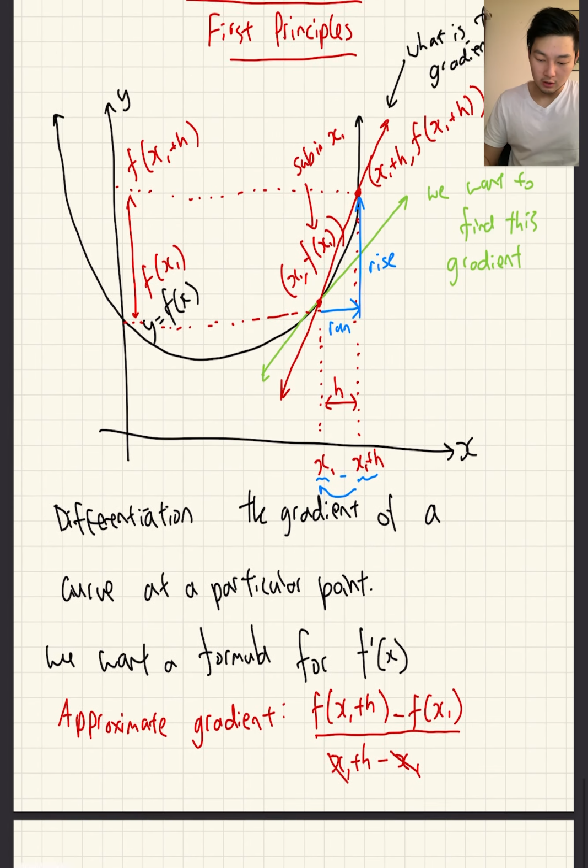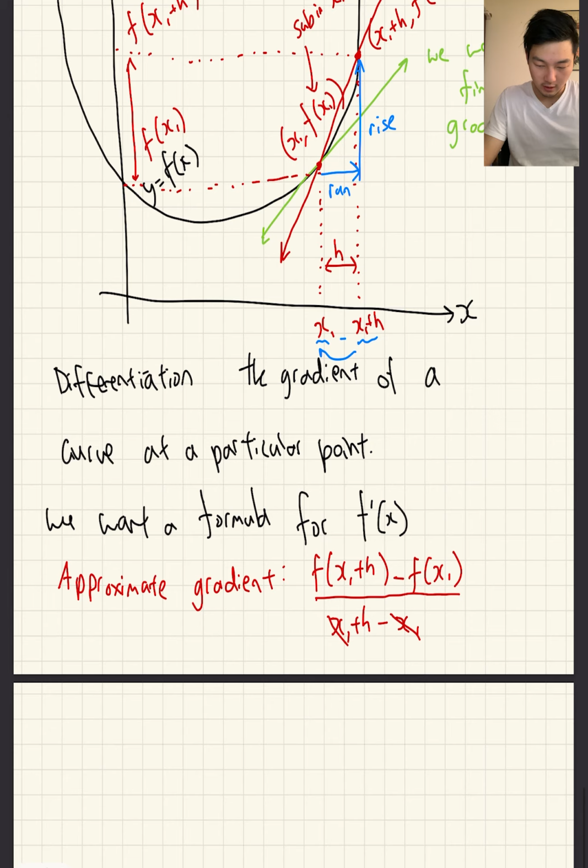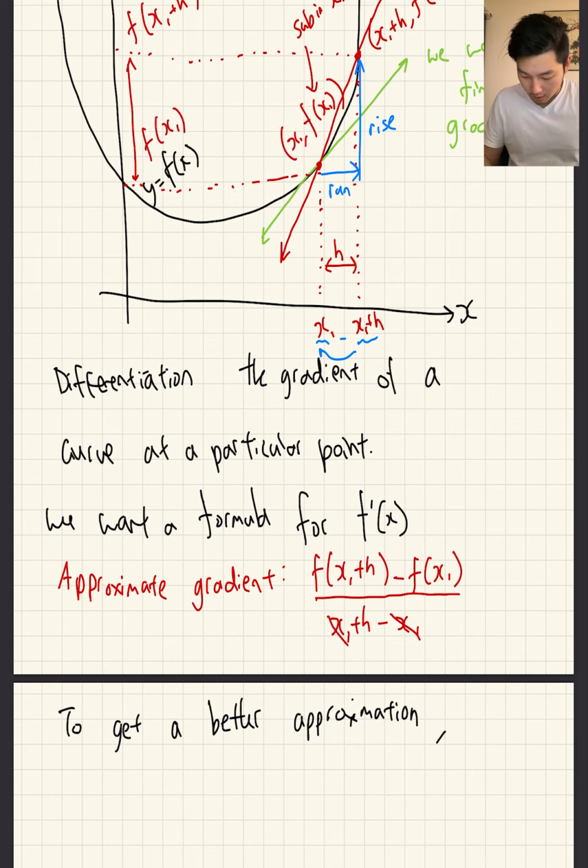To make this approximation better, to get a better approximation, we want to get h as close to 0 as possible.